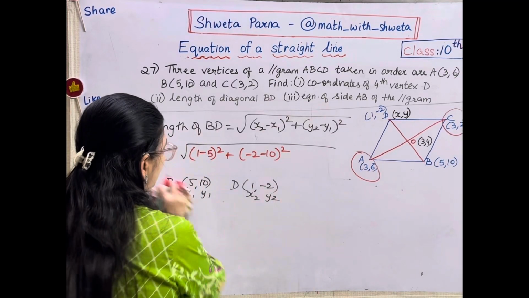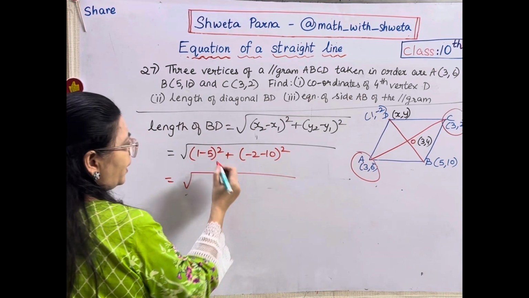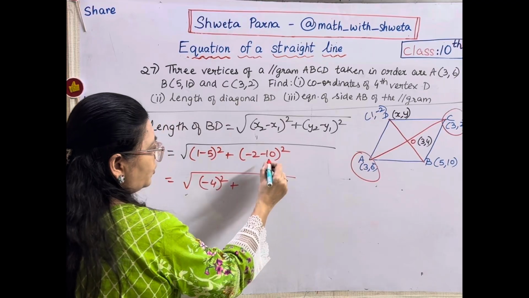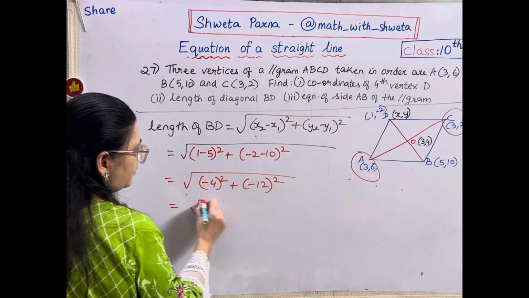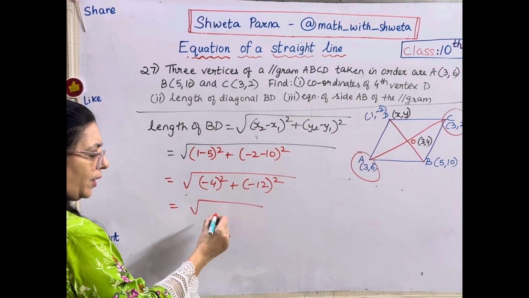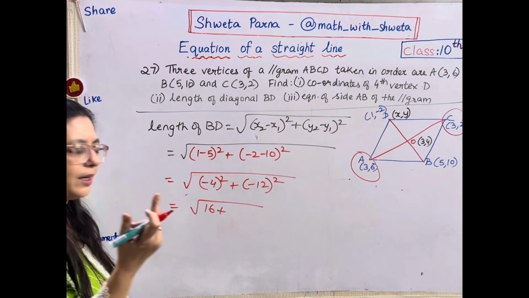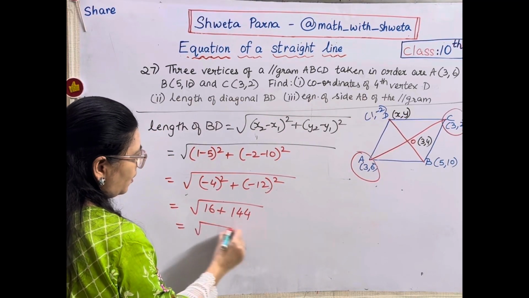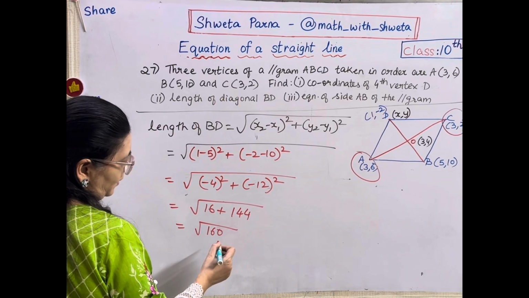So this will become 1 minus 5 is minus 4 the whole square plus minus 2 minus 10 is minus 12 the whole square. This is 16 plus 144, so this will become 160, root 160.